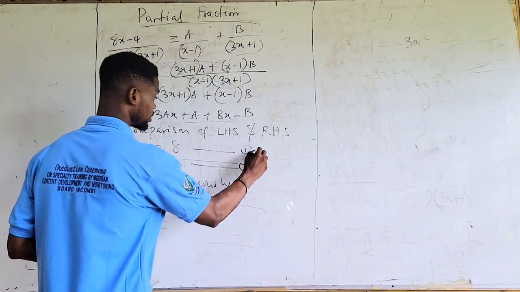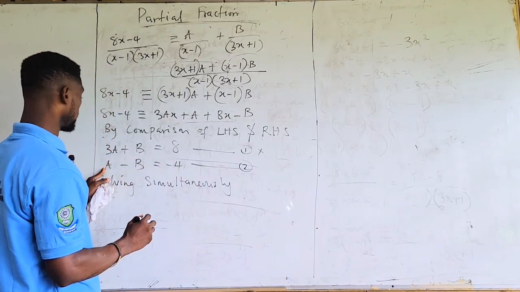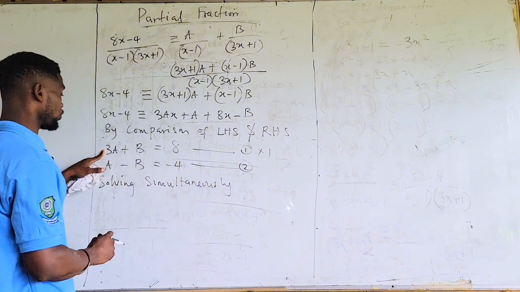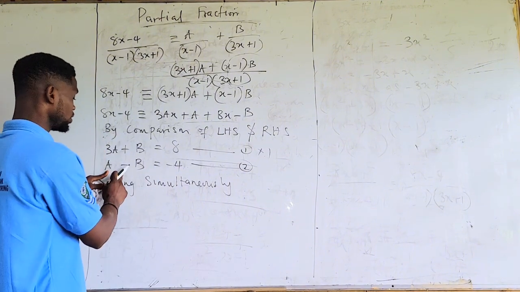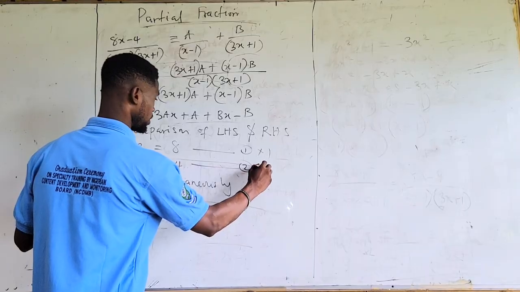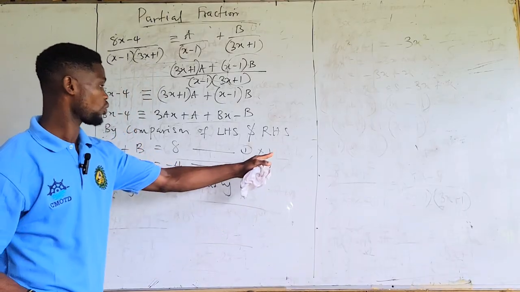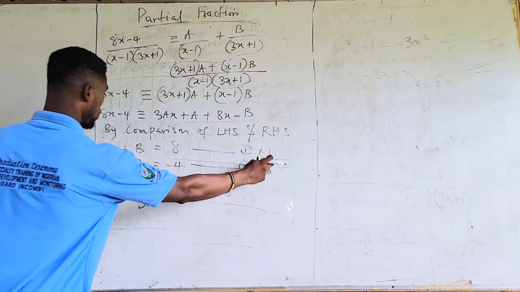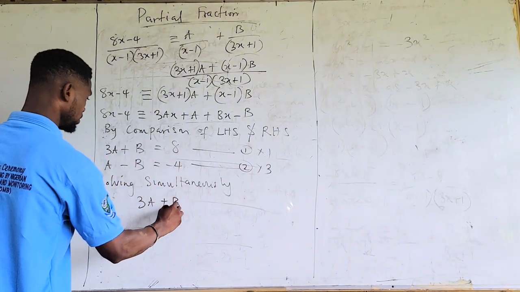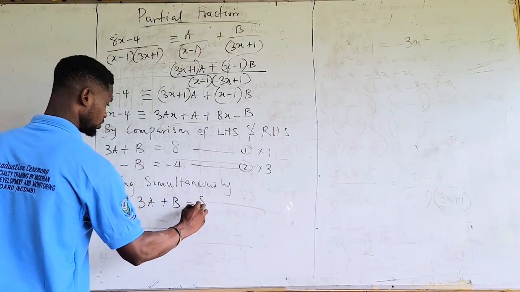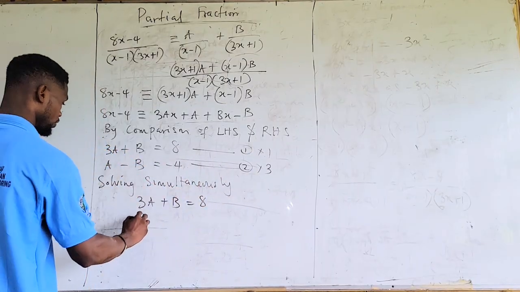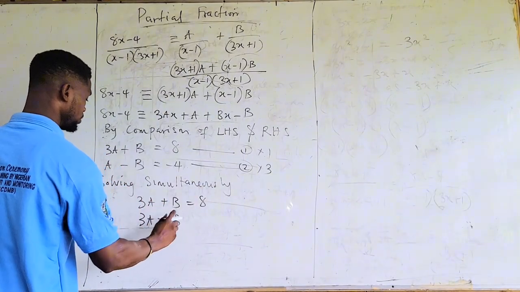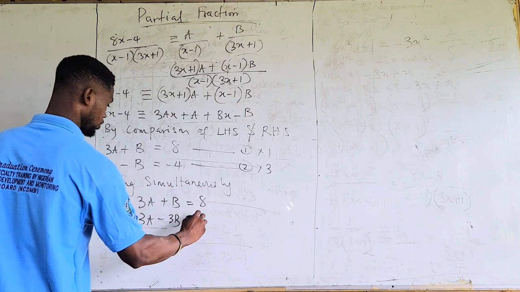We are going to times the coefficient of a in equation 2, which is 1, by equation 1, and times the coefficient of a in equation 1, that is 3, by equation 2. So we have 1 times 3 give us 3a, 1 times b give us b, 1 times 8 give us 8. 3 times a give us 3a, 3 times b give us minus 3b, and 3 times 4 give us minus 12.